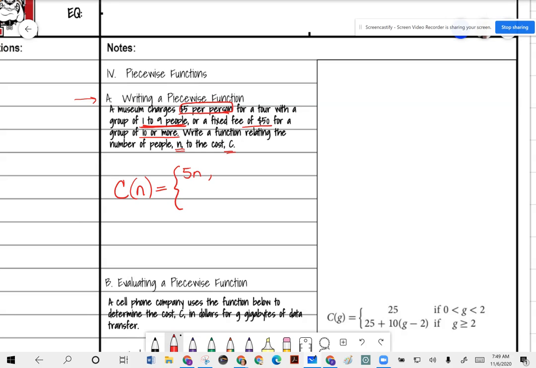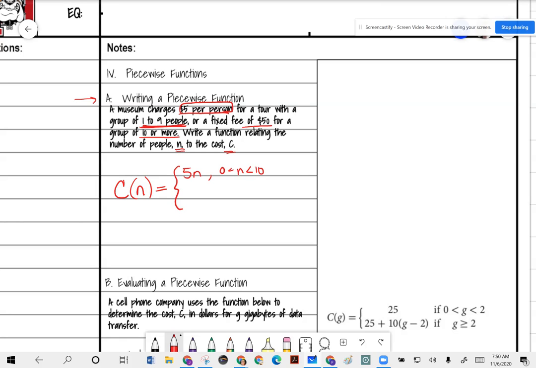Now, there's a couple of ways that you could write that. And of course you have people, you can't have half a person. So you can say that your domain for that is going to be from 0 is less than n is less than 10. And because of those inequality symbols, you now have number sets of people that are between 1 and 9.